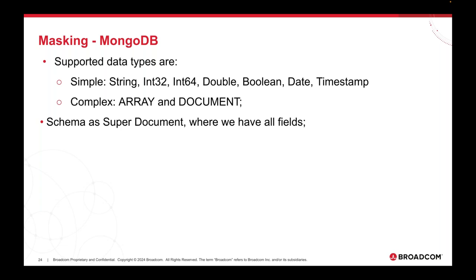We call it a super document because we need to read some portion of the database to look for the structure of the documents. Based on the rows that we read, they can have different fields from each other, and then we build these super documents based on all the fields from all the rows that we are passing through. We don't have a defined schema for that. We just need to read the database to get it.